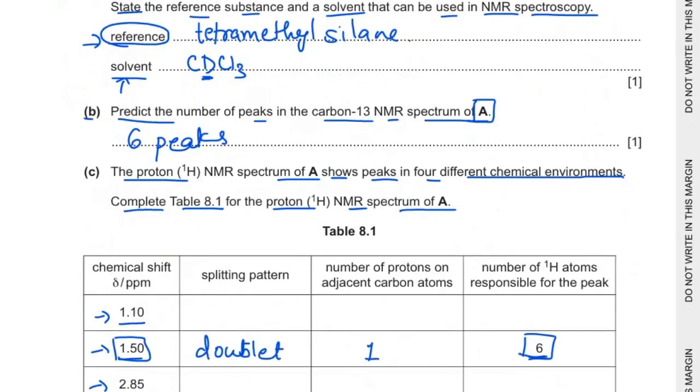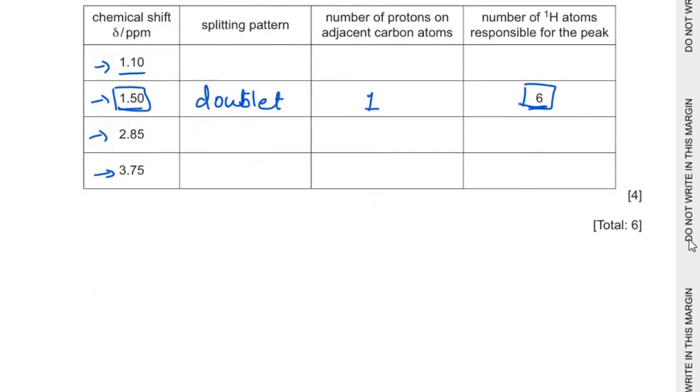So let's write for the same. The number of protons responsible is 3. The number of protons on the adjacent carbon is 2, and so the splitting pattern is 2 plus 1, that is a triplet. Okay, yes.